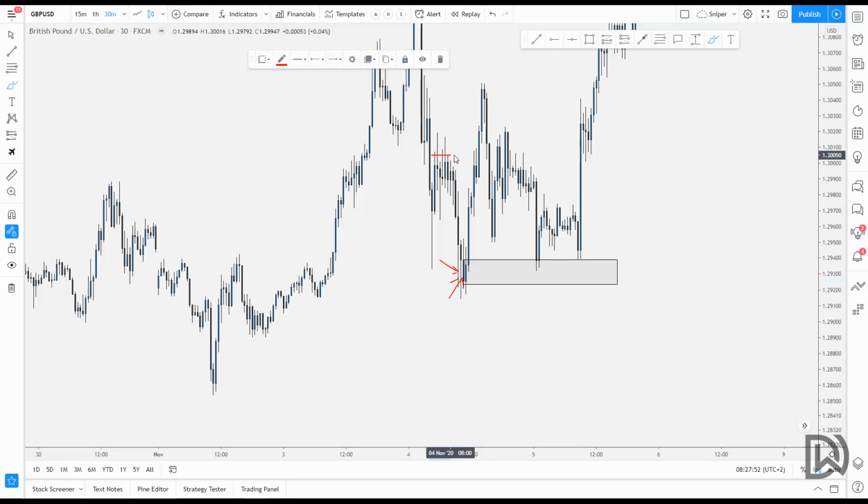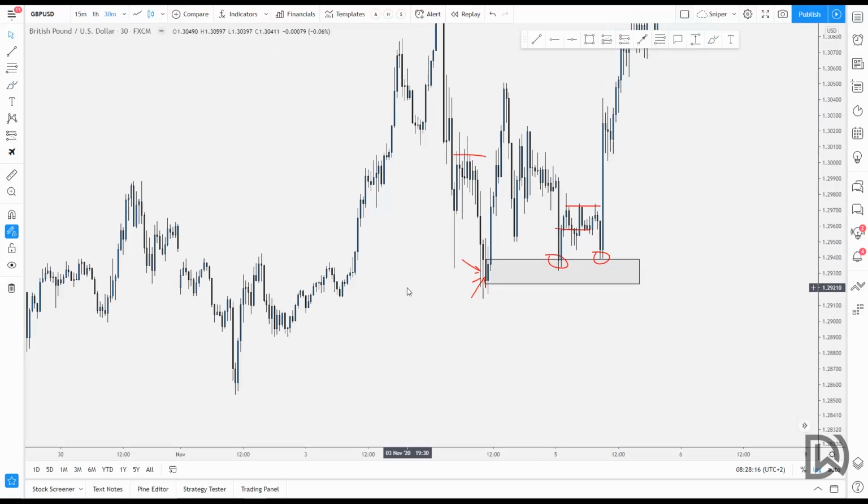We have this area of structure. Price breaks the structure, comes back, and retests the order block. Then again we have a push away, a bit of consolidation, and then price comes back one last time, retouches that area, and then pushes to the upside.